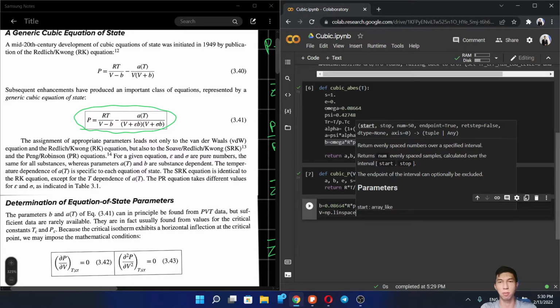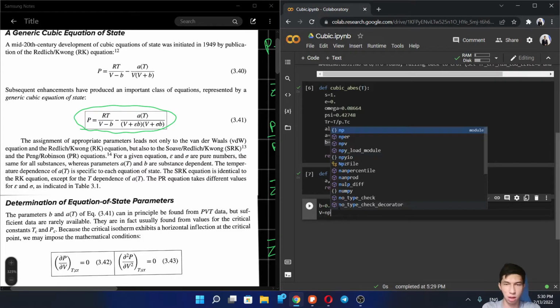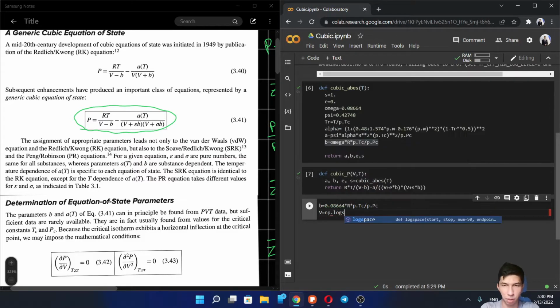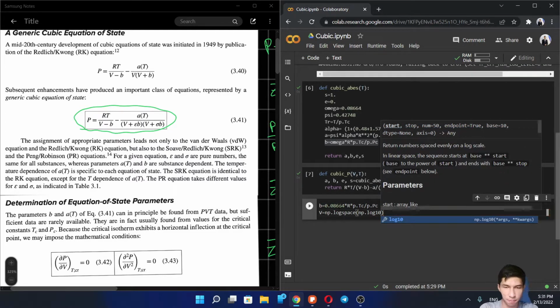So usually for plotting a lot of data, we use np.logspace, because the distance between the values is pretty big. And so this would take our np log base 10.